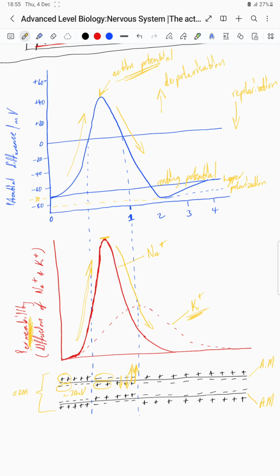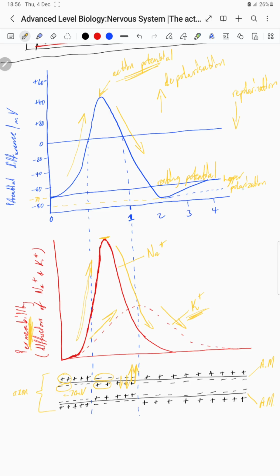The rise of this graph is the increase in the permeability of the potassium ions, and the decline of it is the decrease in the permeability. The decrease is due to the repolarization taking place, so the potassium gates which had opened will start closing.